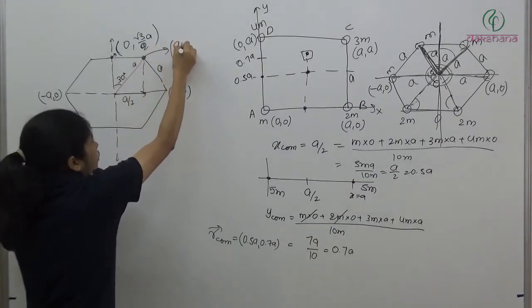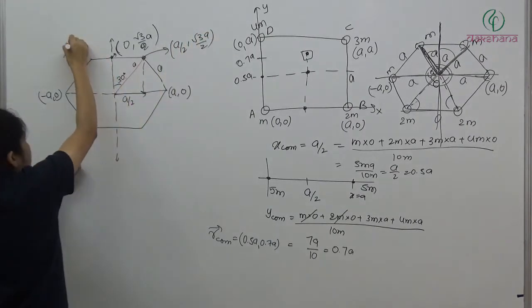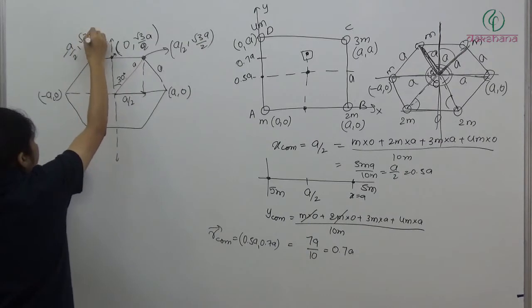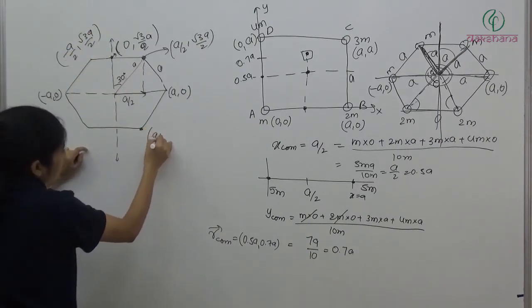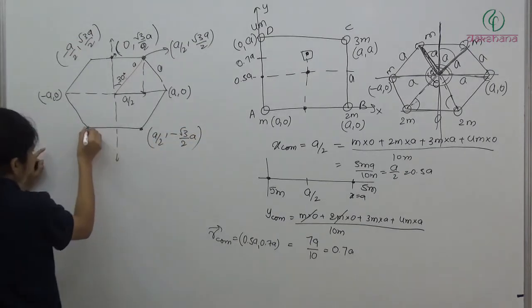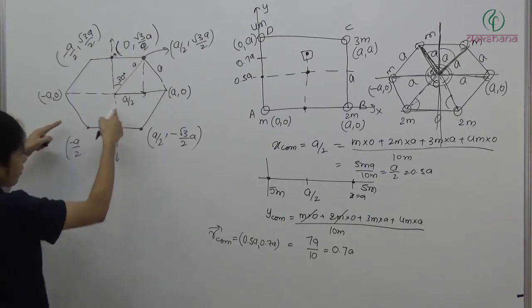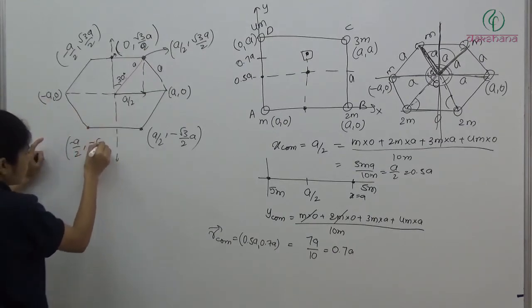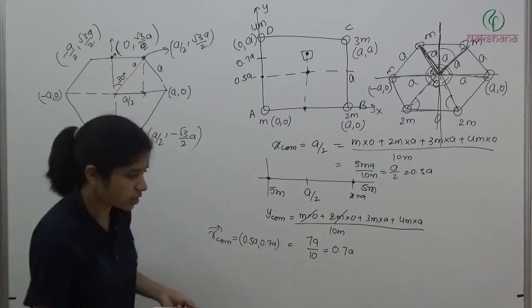So A by 2 comma root 3A by 2. For this minus A by 2 comma root 3A by 2, it is kept at minus x axis. Its coordinate will be A by 2 comma minus root 3A by 2. And its coordinates will be minus A by 2, minus x axis, minus y axis, minus root 3A by 2. So now we have coordinates of all the particles.